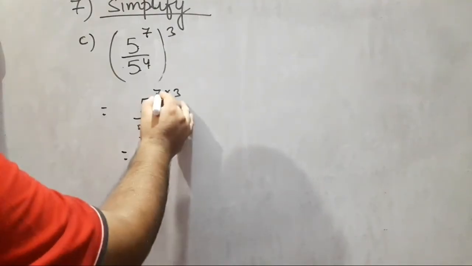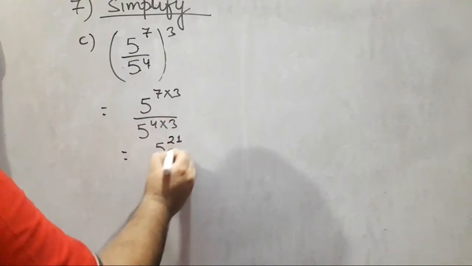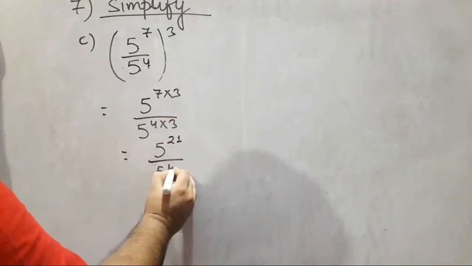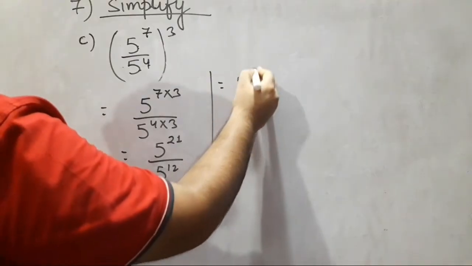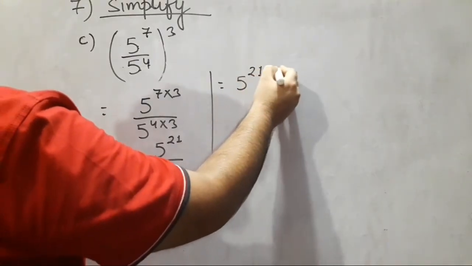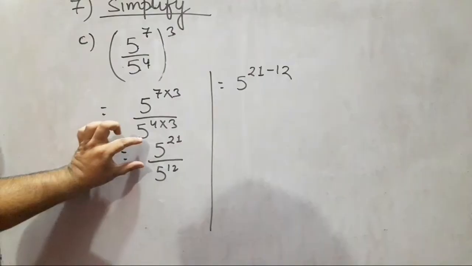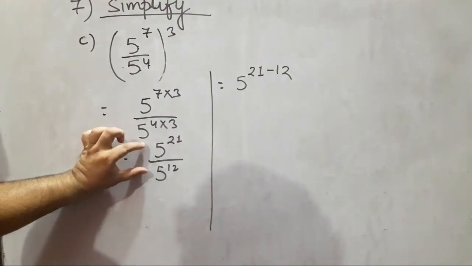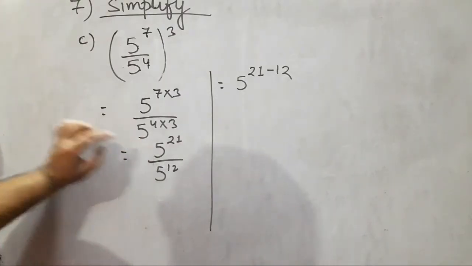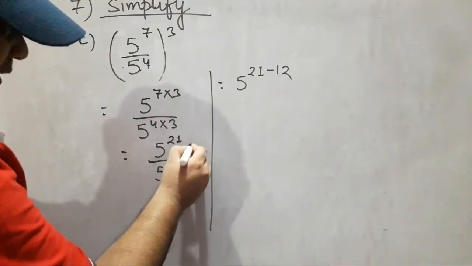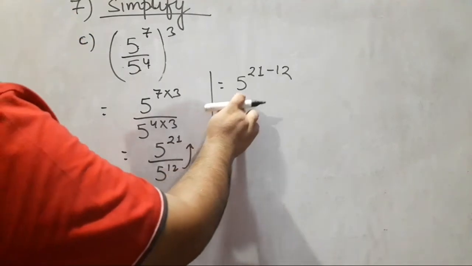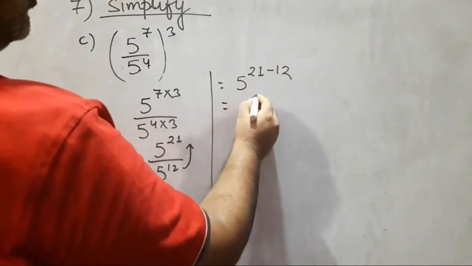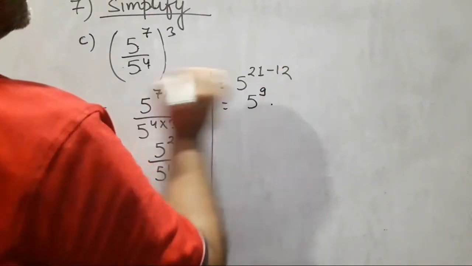So 5 power 21 by 5 power 12 equals 5 power 21 minus 12. Since the bases are the same, when the same bases are divided, the powers are subtracted. This 12 shall be subtracted from 21. So 5 power 21 minus 12 equals 5 power 9.